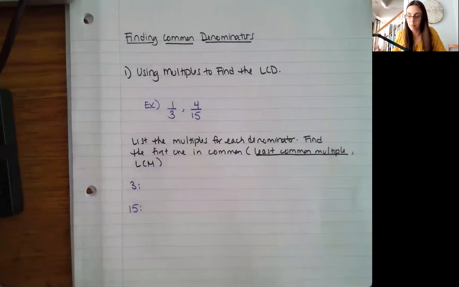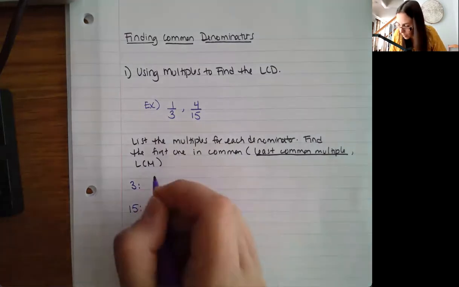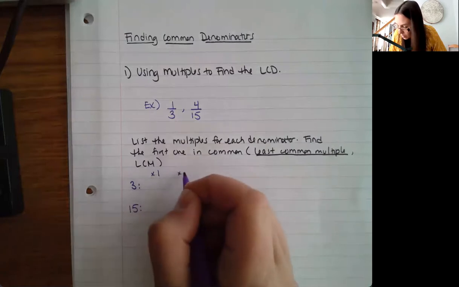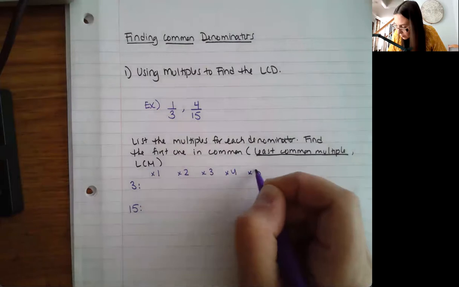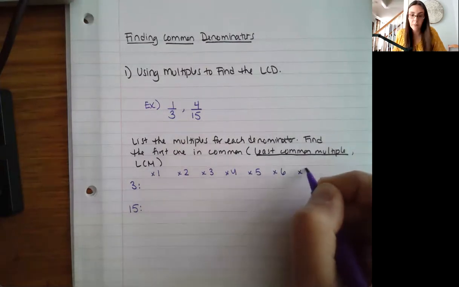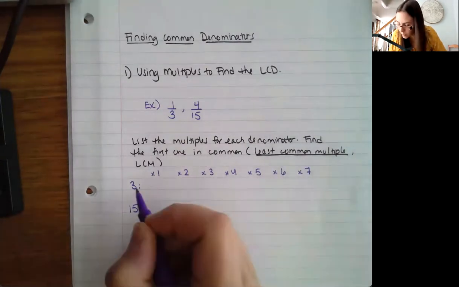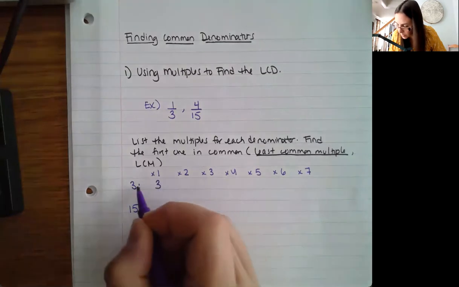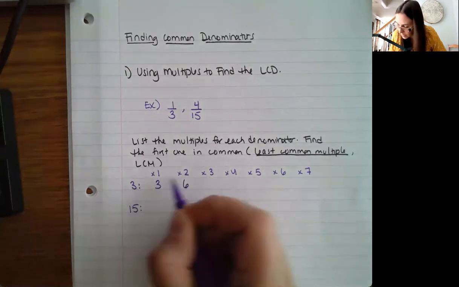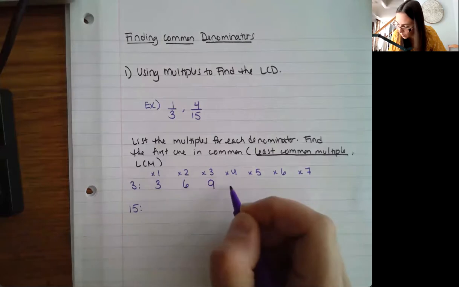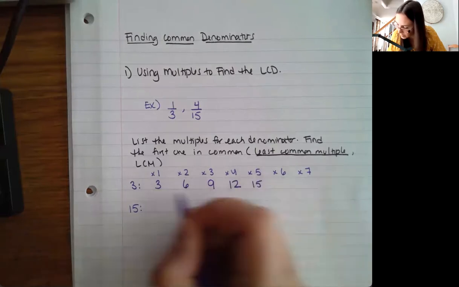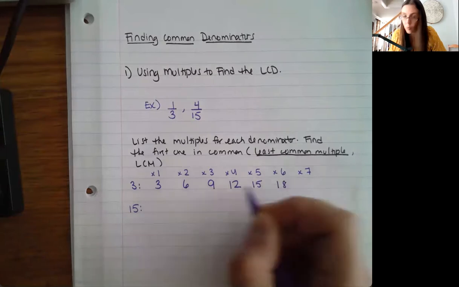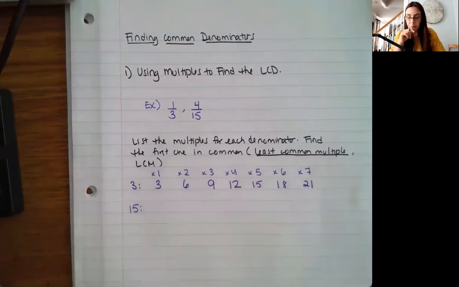So we're going to write our multiples out. So what you do is you multiply by 1, you multiply by 2, by 3, by 4, by 5, by 6, and so on. So I do 3 times 1 is 3, 3 times 2 is 6, 3 times 3 is 9, 3 times 4 is 12, 3 times 5 is 15, 3 times 6 is 18, 3 times 7 is 21. And I'll stop there.